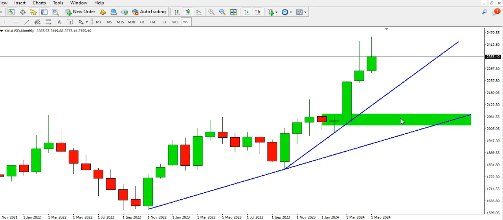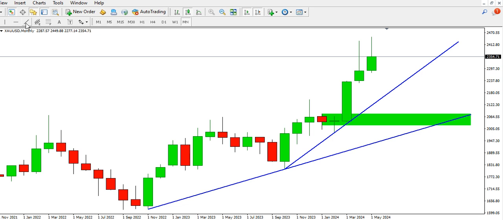I'm talking about the 2050 level. Price might drop to that level, but that might take some time because we have this particular trend line here that might serve as resistance.